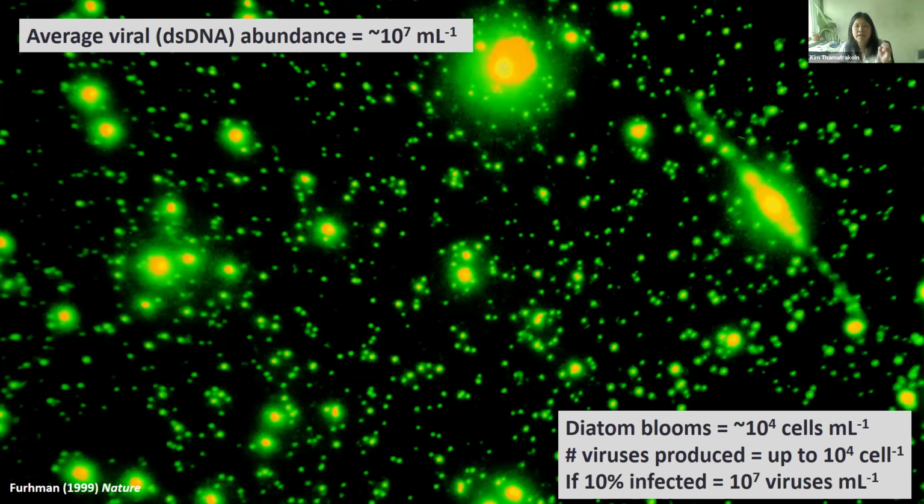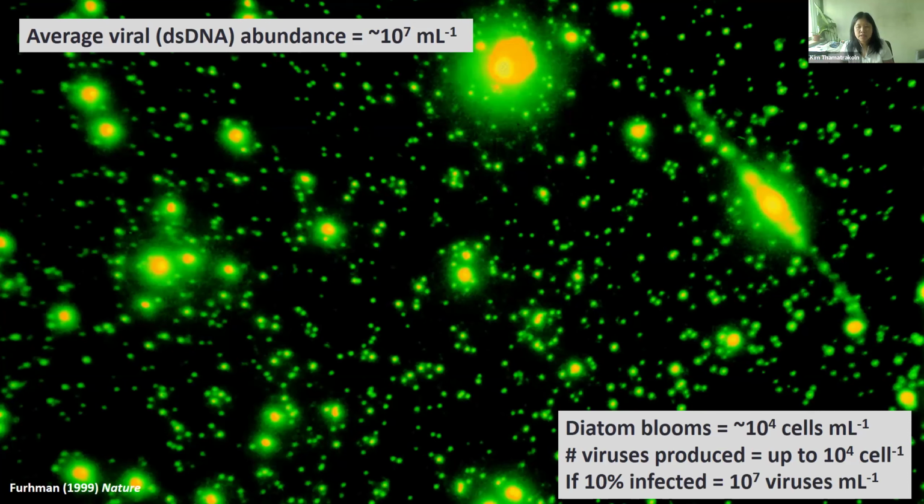So if only 10% of a diatom bloom is infected, that would produce 10^7 viruses per mL, which is rivaling the concentration of the viruses that we can see through this method. And so just getting at, first order, how many viruses are in the ocean, I would argue that we don't really know. These estimates I think are severely underestimated.